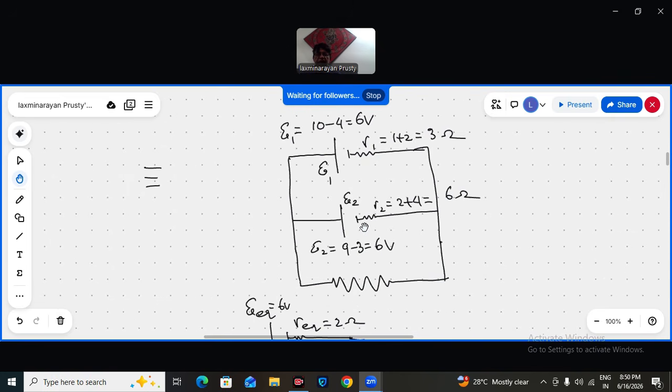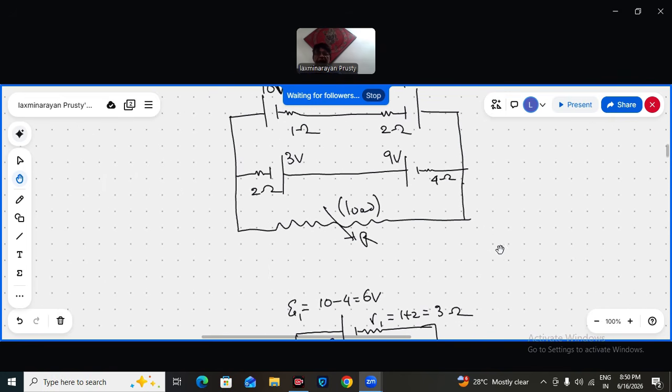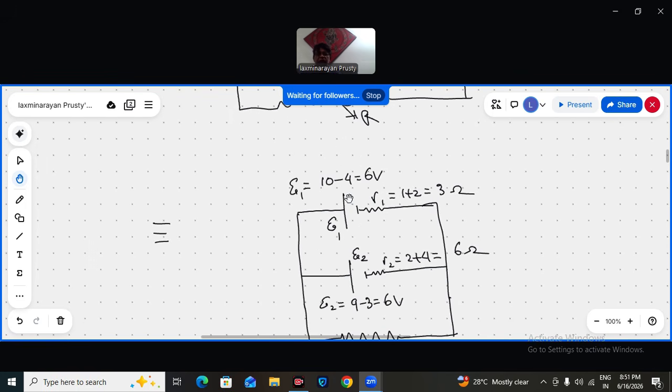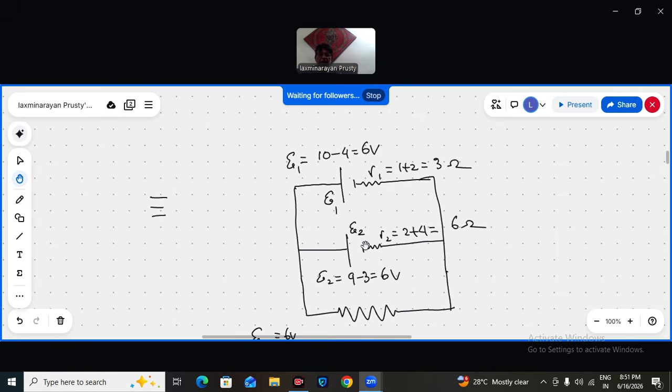So 6, and what is the equivalent internal resistance? R4 plus 2, 6. So the upper branch is a 6 volt battery EMF with internal resistance 3 ohm. Lower parallel branch, 6 volt EMF and 6 ohm internal resistance.